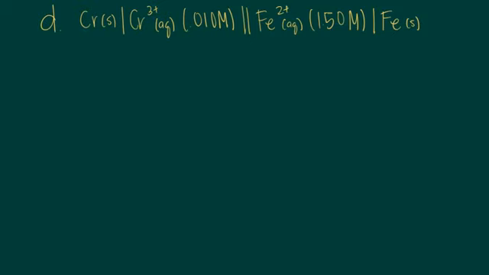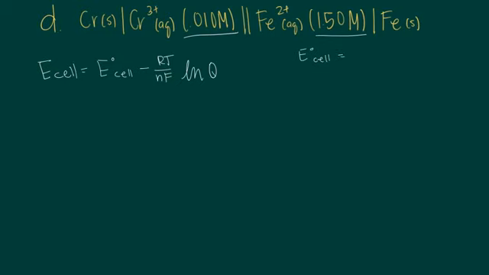Finally, in Part D, we are asked to find the cell potential under non-standard conditions, which are given to us. So we can use our equation to find E cell equals E cell naught minus RT over NF natural log of Q. So we know that E cell naught is equal to positive 0.30 volts, which we determined earlier.